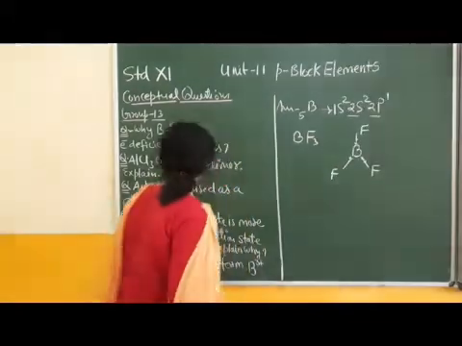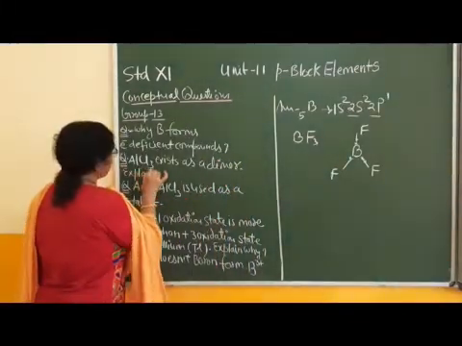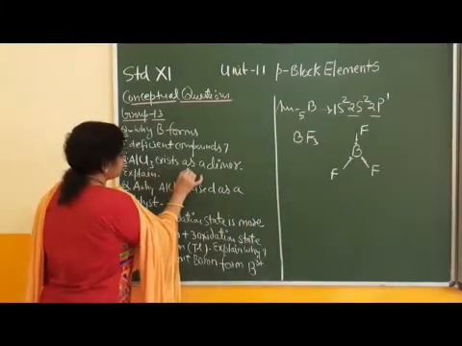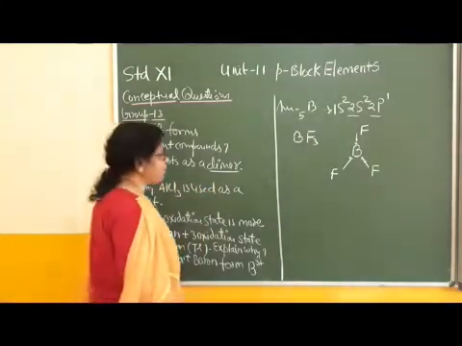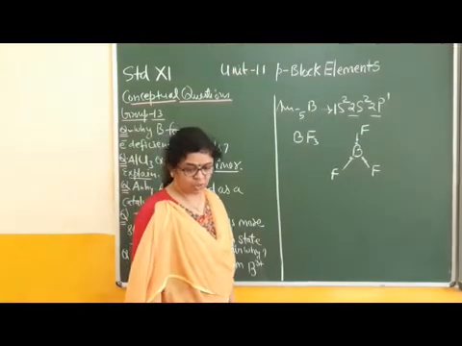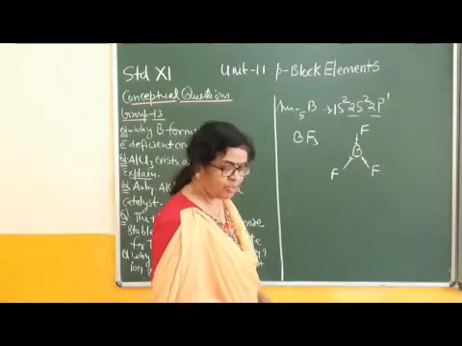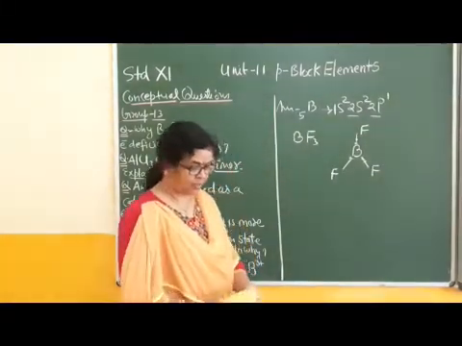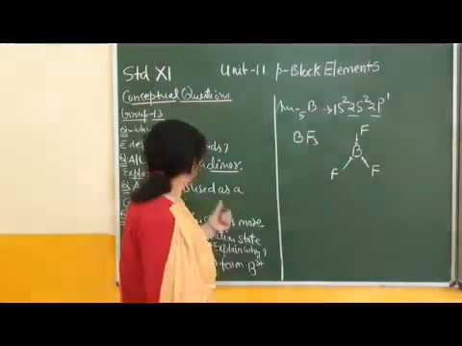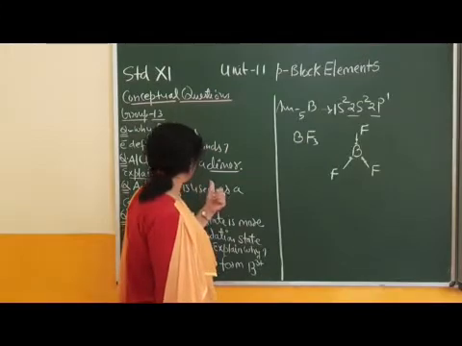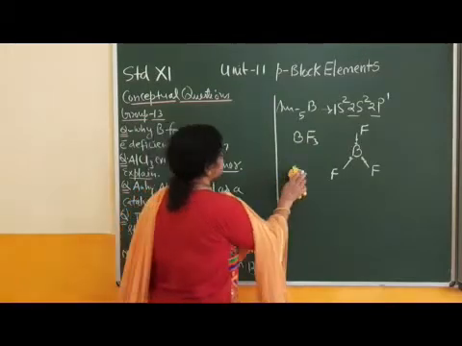Okay. Now the second question. Aluminium chloride exists as a dimer. Explain. Dimer means a product of two molecules. Aluminium is placed in the same group, group 13, the same family, which is the boron family. But why does aluminium chloride exist as a dimer?